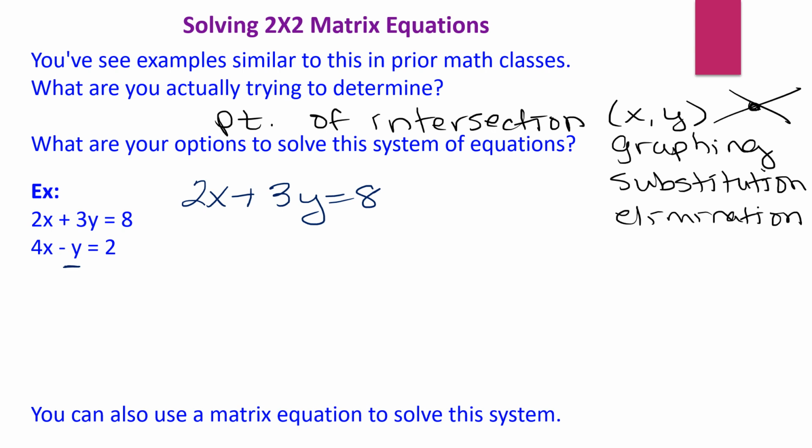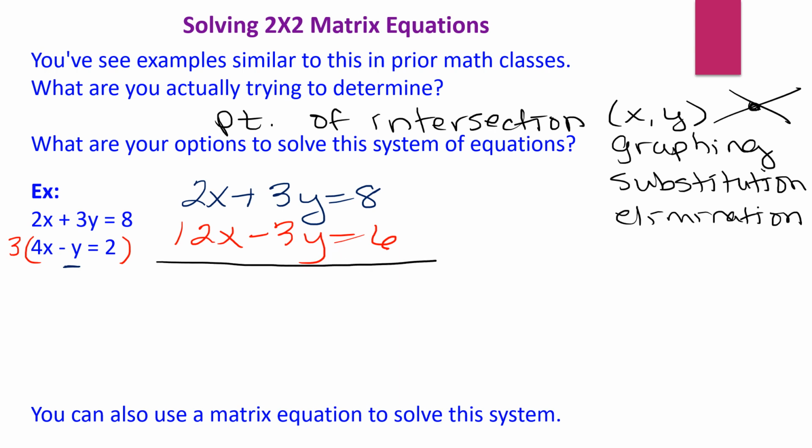And then the second equation, if I multiply every term by 3, then I'll have a 12x minus 3y equals 6. And in this case, now when I add those two equations together, the y values eliminate and I get 14x equals 14. So I've determined that my x coordinate is 1.